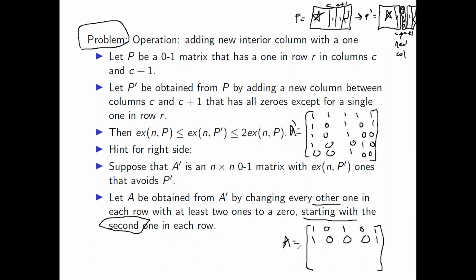Third row, first one stays the same, but that second one becomes a 0. Fourth row, first one the same, second one is 0 now. And that last row only has the single one. We don't change it. So that's just an example of this operation, which I claim will be useful for solving the problem.